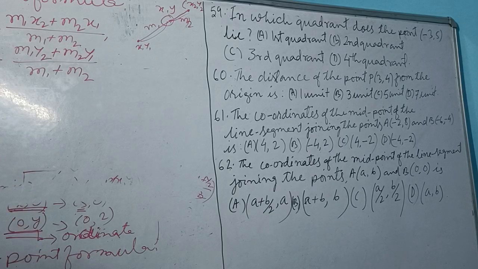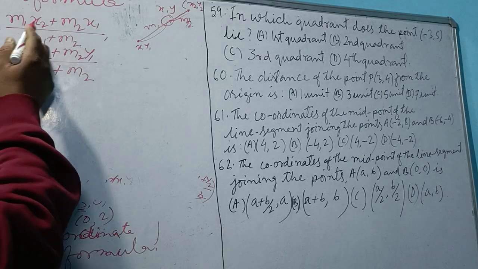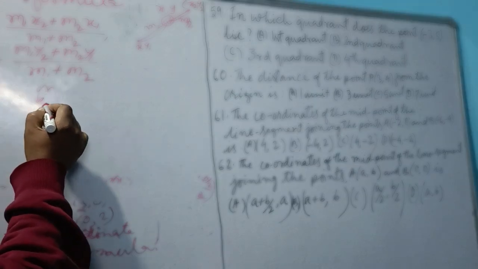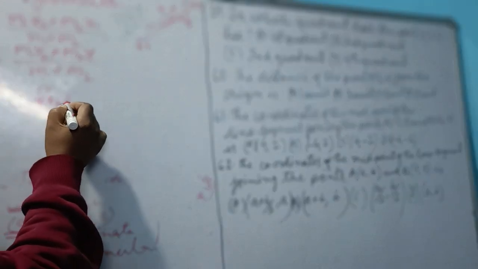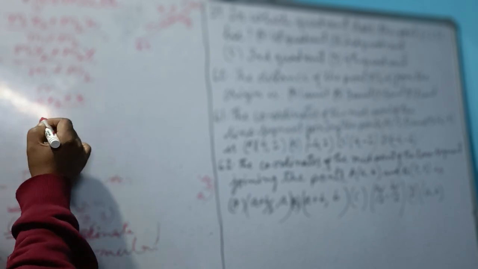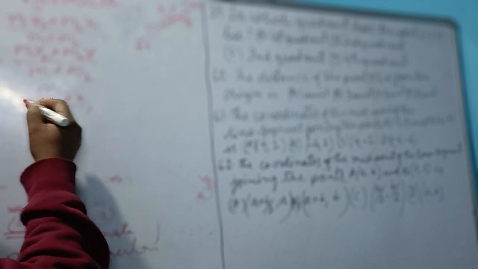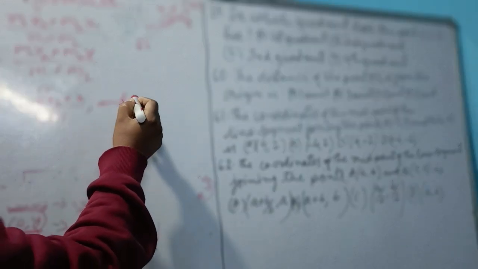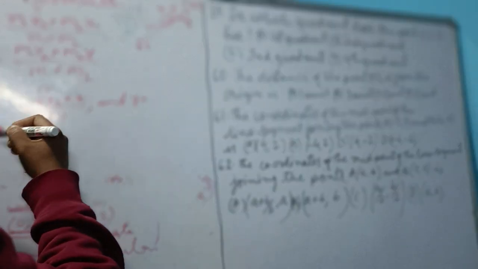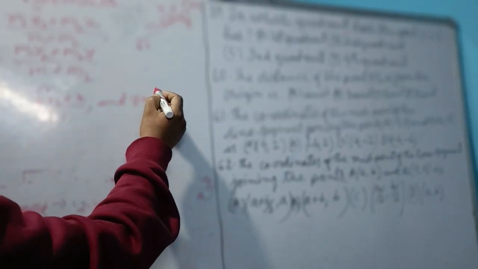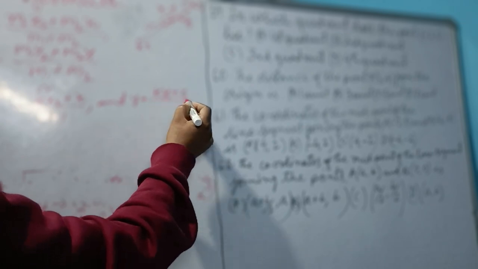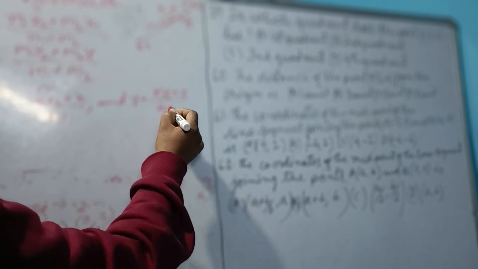But while finding the ratio, sometimes if you divide both sides by m2, then we can write x equal to (k x2 plus x1) divided by (k plus 1). This is the value of x, clear. And the y value we write (k y2 plus y1) divided by (k plus 1).